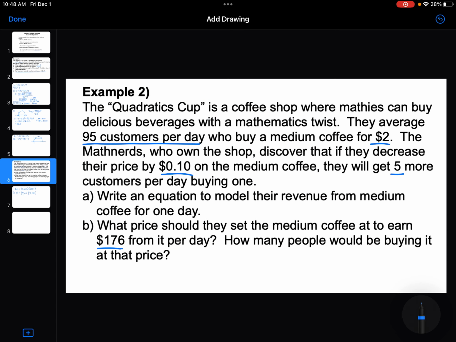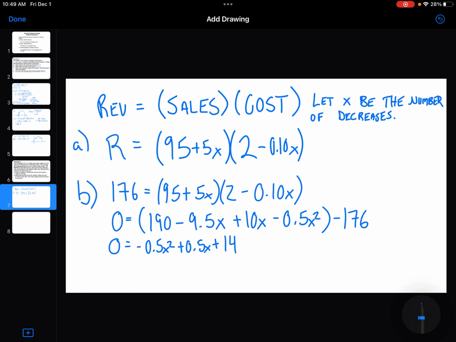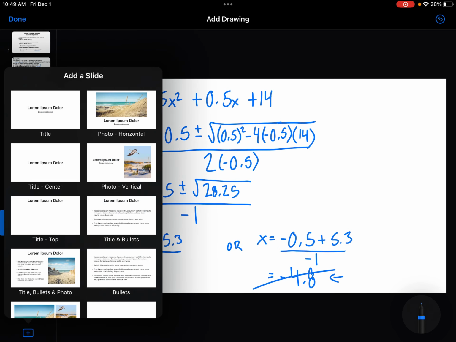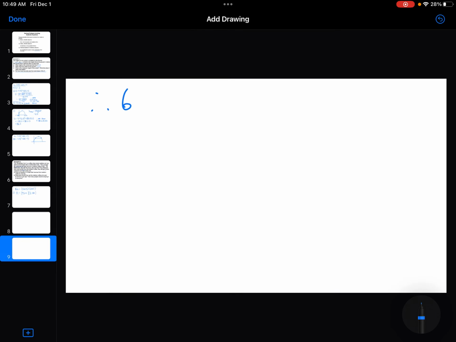And due to the fact that the question says we're only using this to get a revenue here, we'd be between two values. So you could say 5, but you'd likely have to say 6 decreases in price. Well, 6 decreases in price, actually, we're decreasing the price. So if we have 6, therefore 6 decreases.